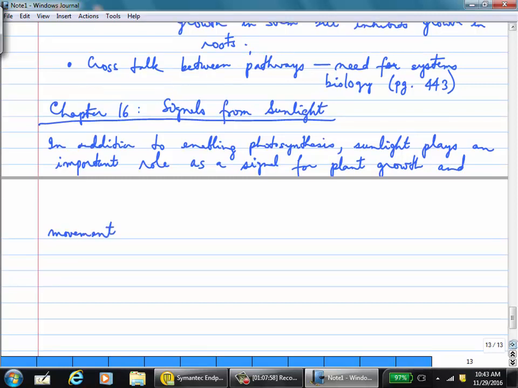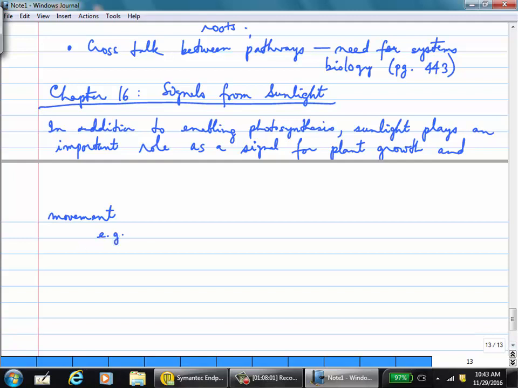And I give you several examples. Example, the solar tracking of leaves of some plants. We talked about this before. As the sun moves across the sky, the leaves also change their orientation. So solar tracking of leaves.